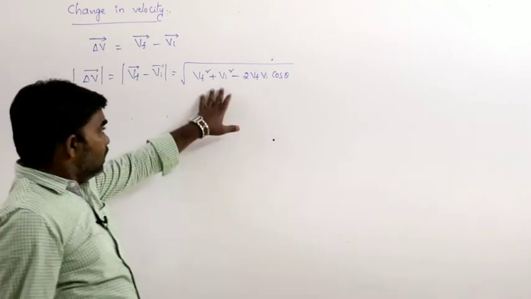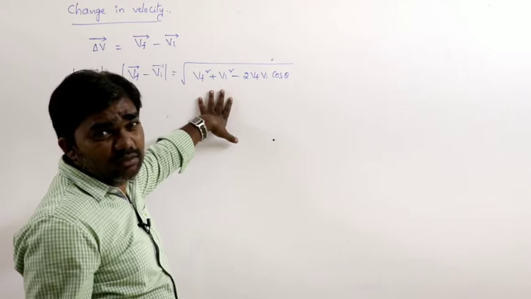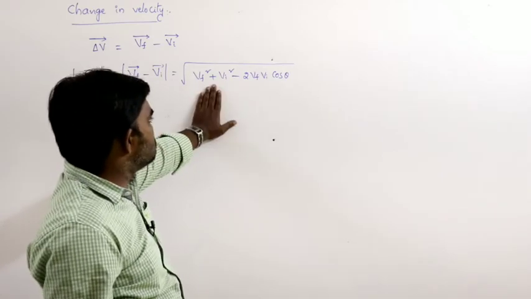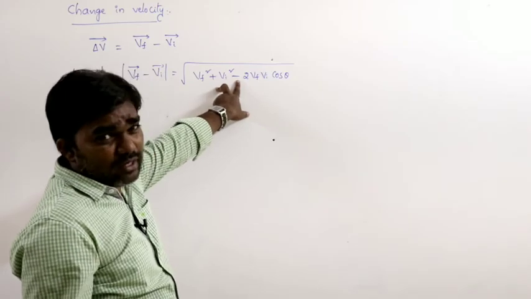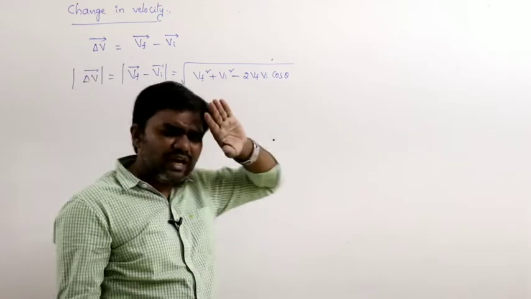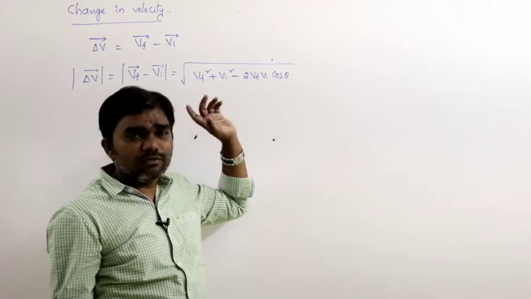In case of vectors, to calculate the magnitude we must follow this. If it is addition, we get plus; if it is subtraction, we get minus here.